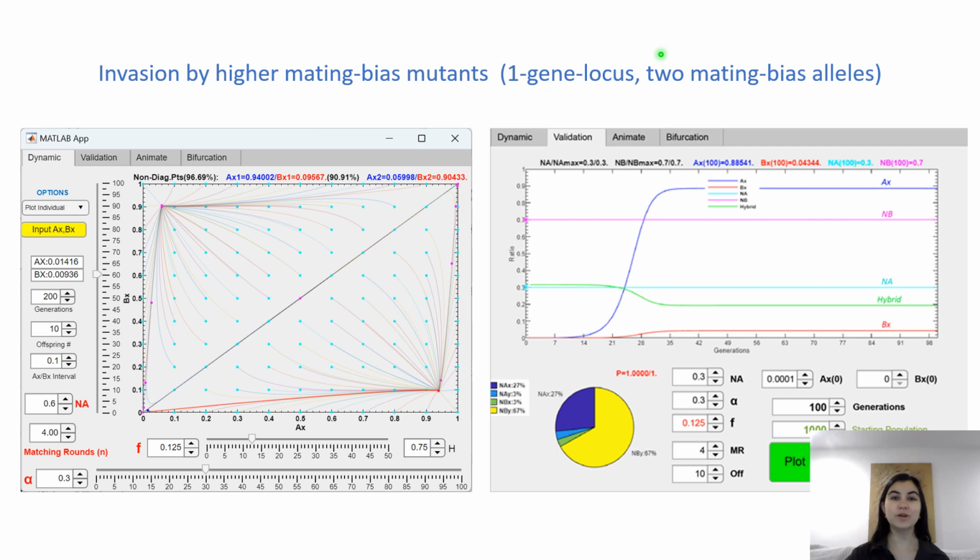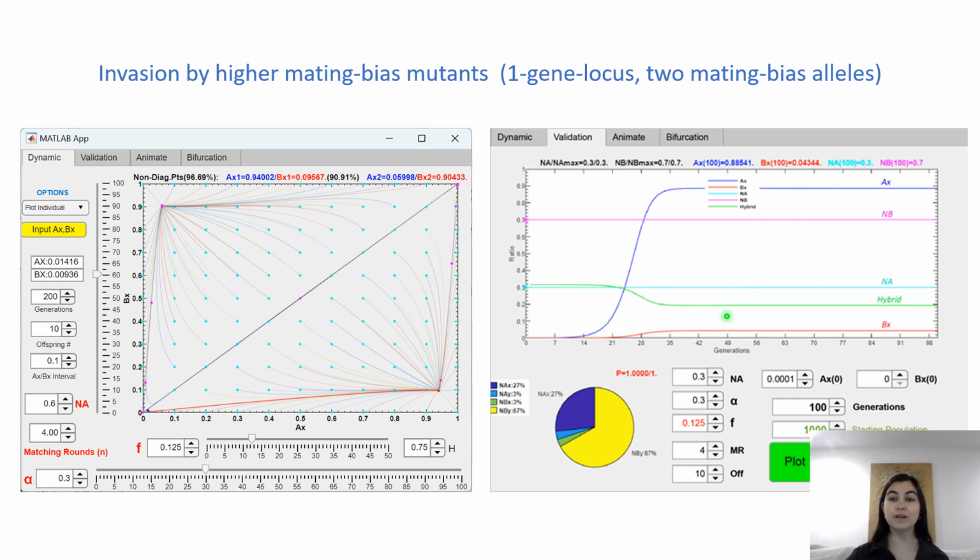Here, we have a generation plot of what happens when a small population of a mutant allele invades. For example, an initial population of AX, which is represented by the blue line here, has a starting value of 0.0001. This small population can invade and after 35 generations can achieve fixed point polymorphism between population AX and BX.